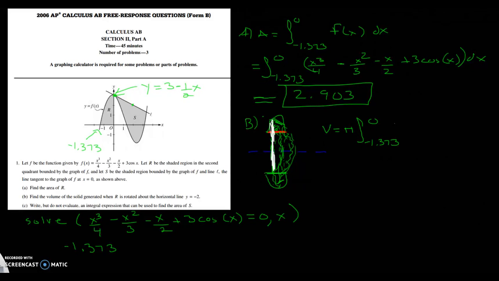In this case, it would be f of x. Now, it's around y equals negative 2, so it's 2 more. So plus 2, quantity squared. It's outer squared minus inner squared. And if we want to find this radius, that'd be minus 2 squared dx.